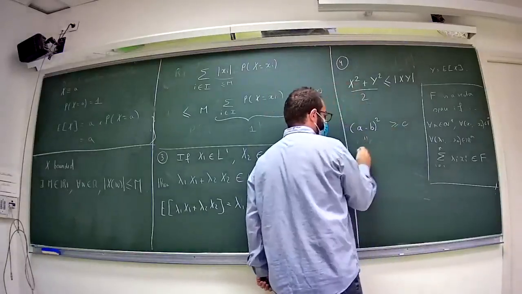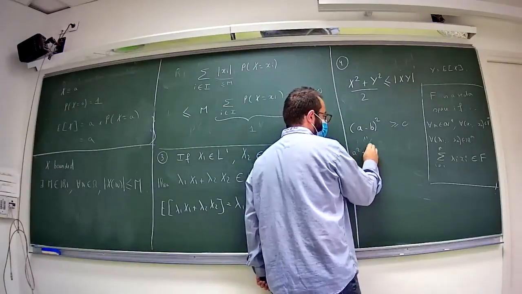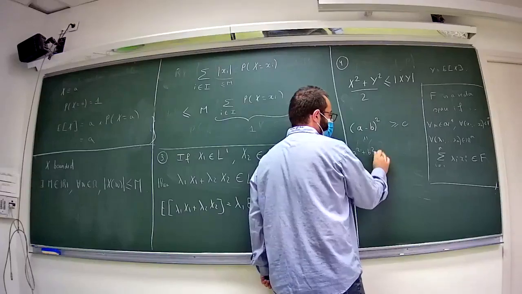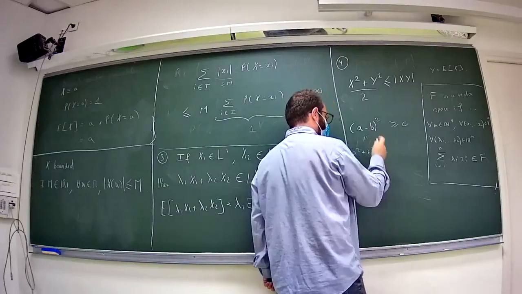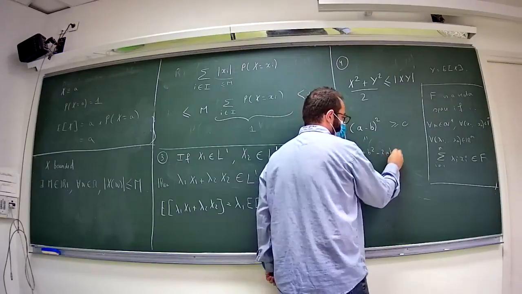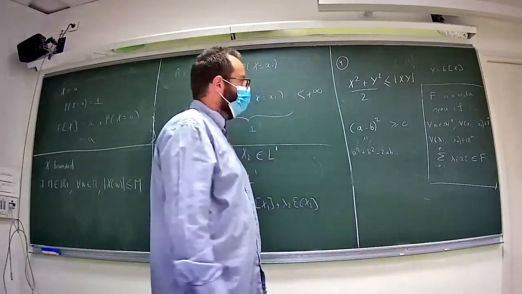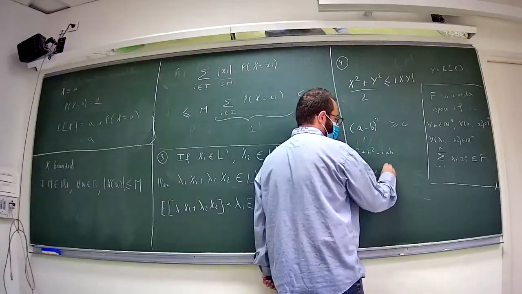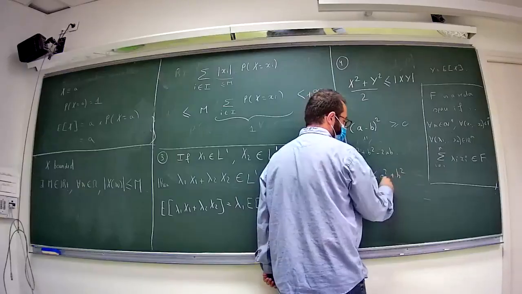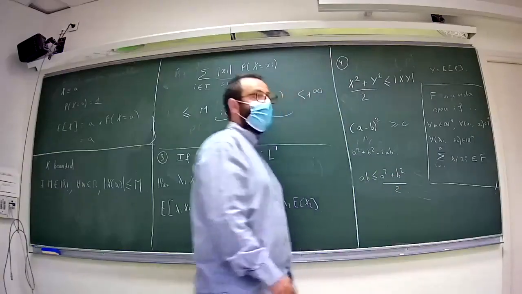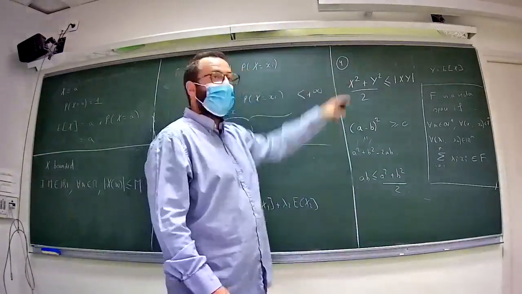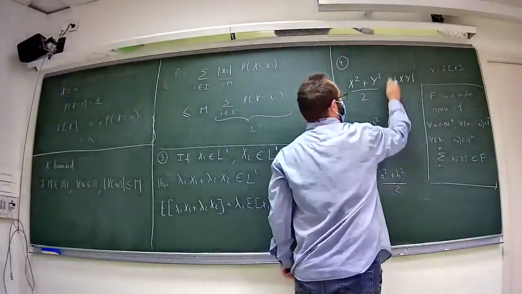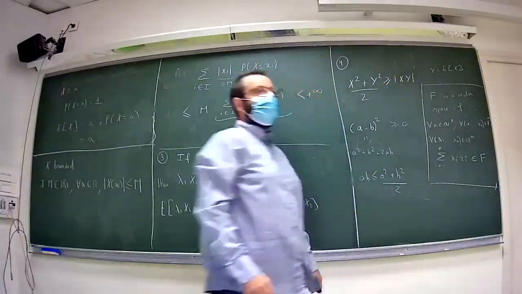You know that it is equal to a square plus b square minus 2ab. And so I have that ab is less than (a square plus b square) over 2. So it's not the other inequality that I have to write. It's this one.